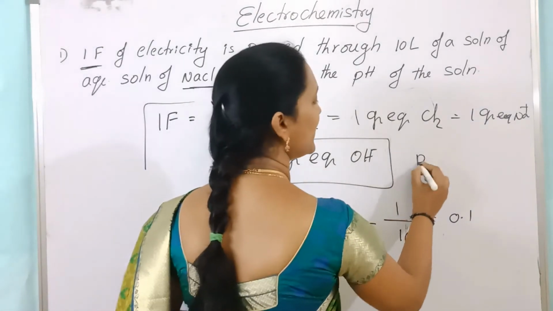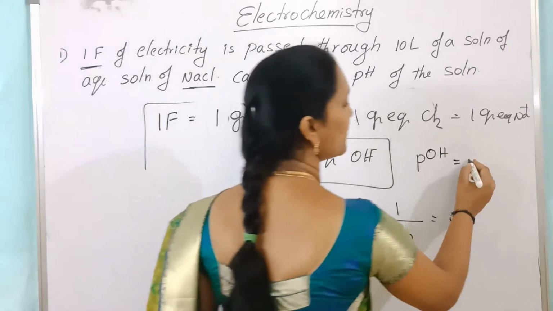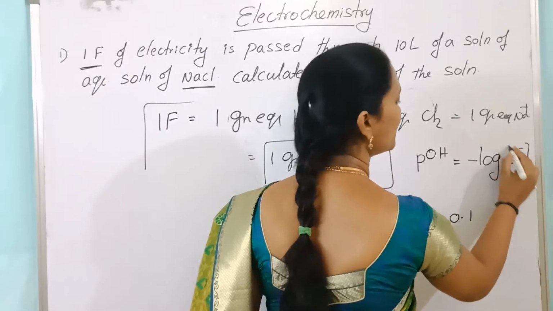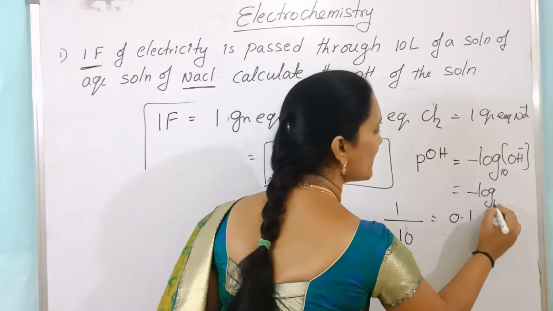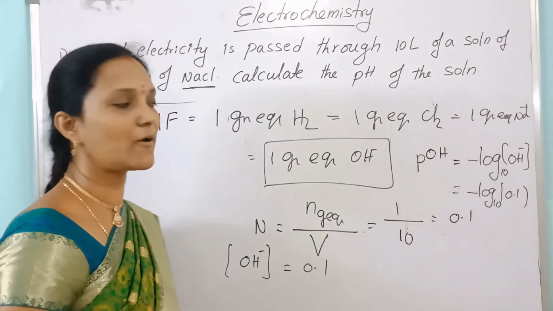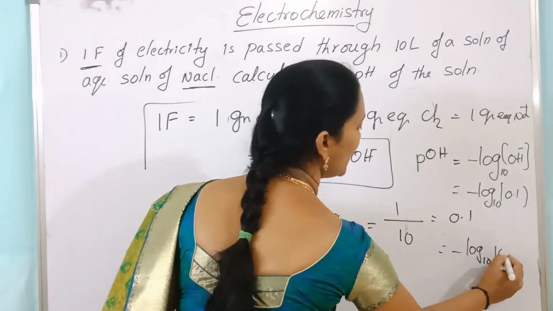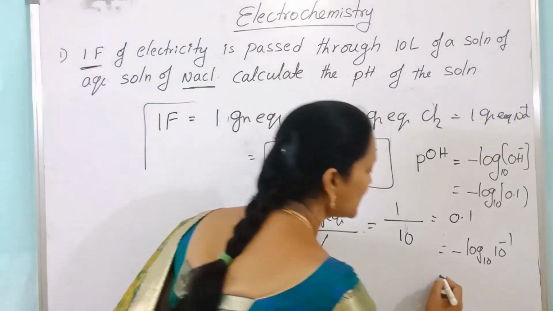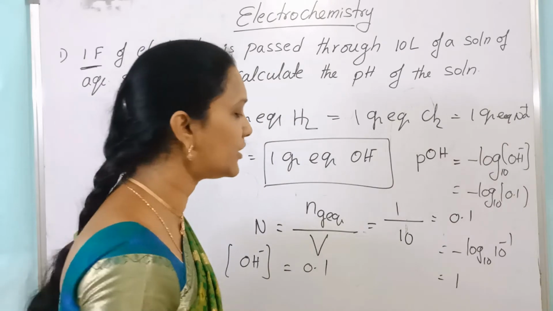So first calculate pOH, because the given concentration is of OH minus. pOH is equal to minus log base 10 of the OH minus concentration. So it is equal to minus log base 10 of 0.1. 0.1 is 10 power minus 1. So minus log base 10 of 10 power minus 1. Log A power n is n log A. Now it is equal to 1 times log 10, and log 10 value is 1.